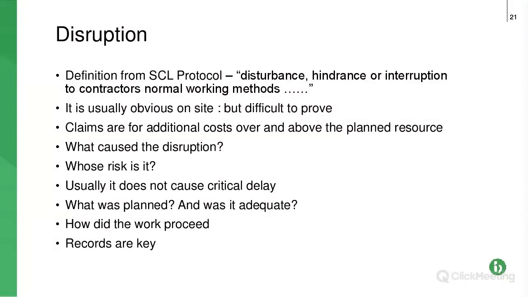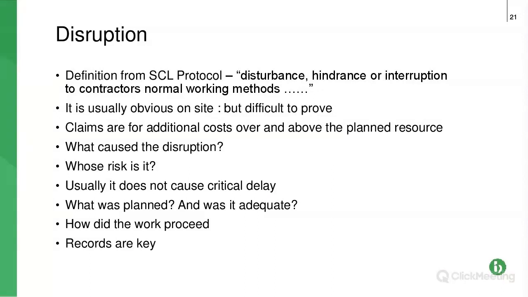All that information is really good if you've got it in detail, because if it wasn't adequate, then a calculation has to be done to say, well, the resource was 20 people on the site, it wasn't adequate, 23 would have been adequate, and we had to have 27, so the claim is the difference between the 23 and the 27.